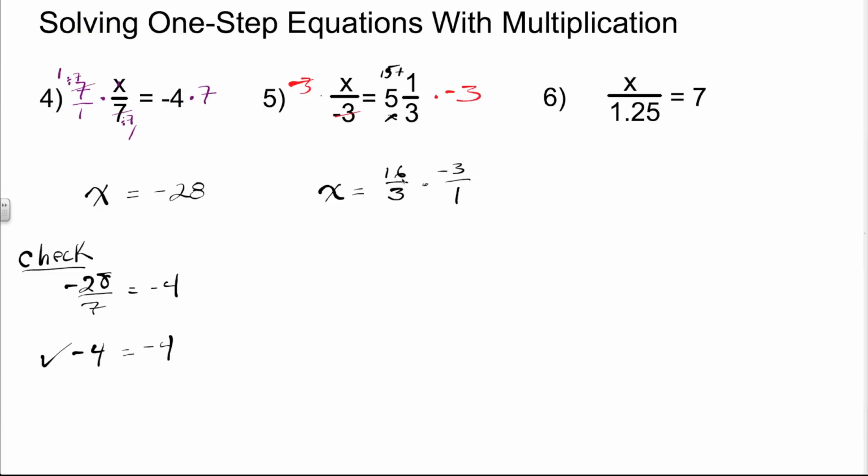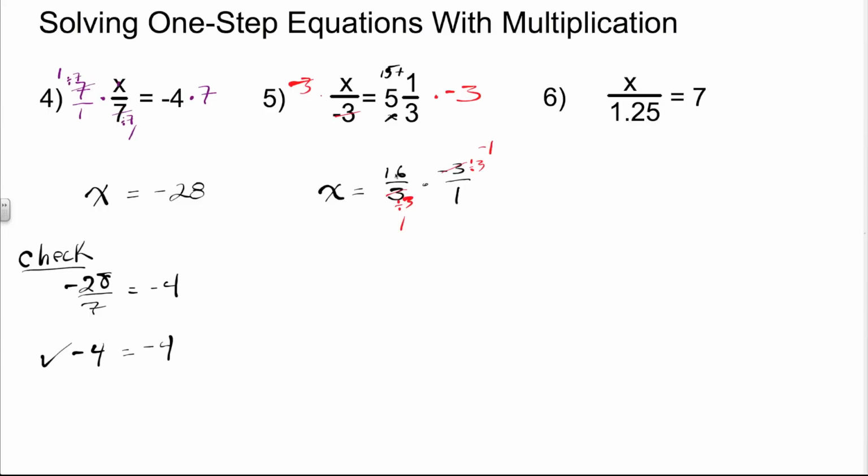A couple ways you could do this. You could multiply and then divide out, or you could cross cancel as I did in the previous example. In the previous example, I cross canceled 7s. In this case, it's a 3 and a negative 3. They're both divisible by a factor of 3. So 3 divided by 3 gives 1, and negative 3 divided by 3 gives us negative 1.